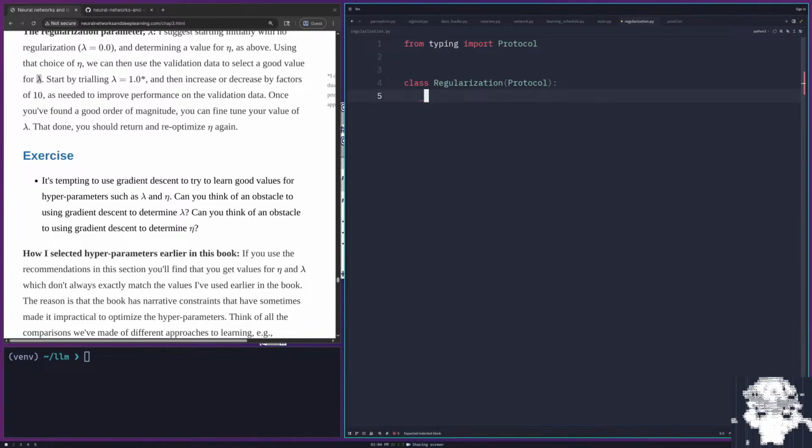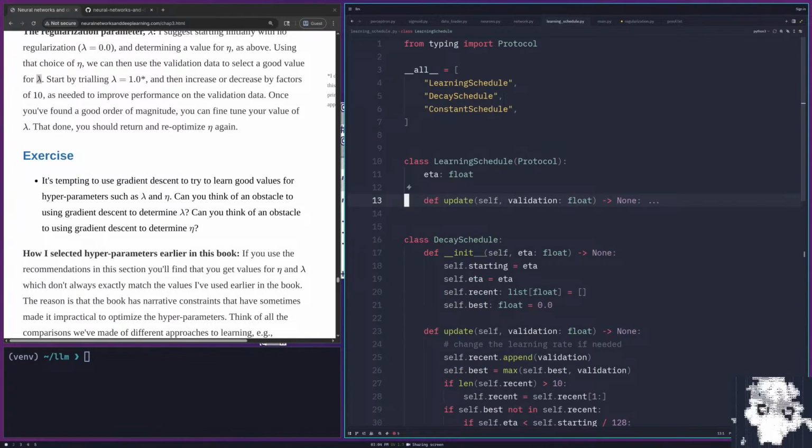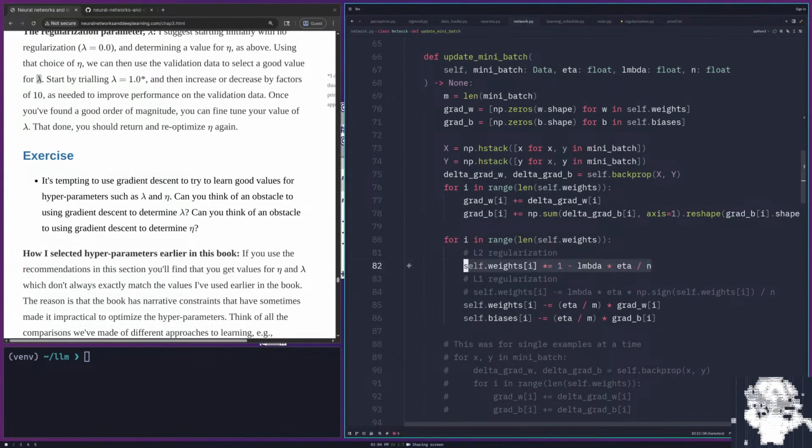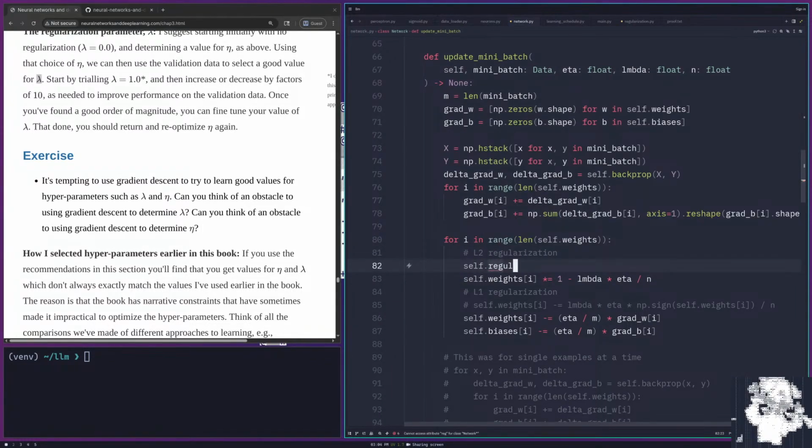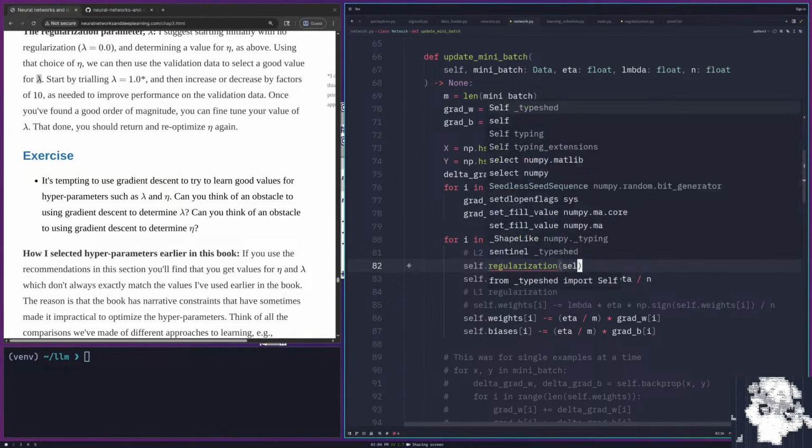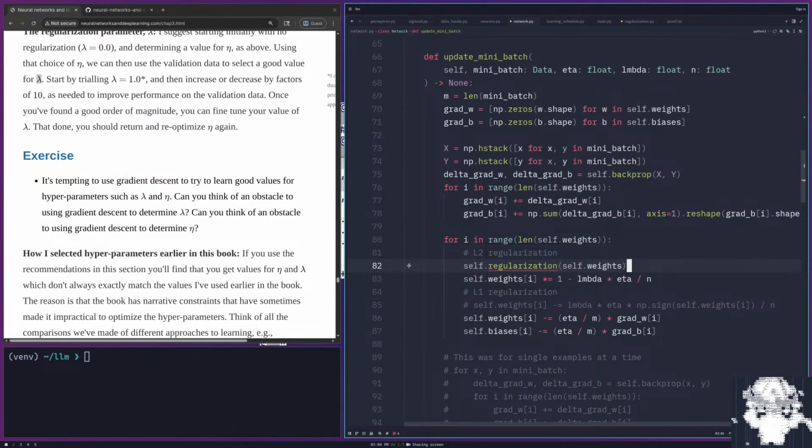Okay, regularization. It's a thing that updates weights. So I want to call it like self.regularization.regularize on my weights.